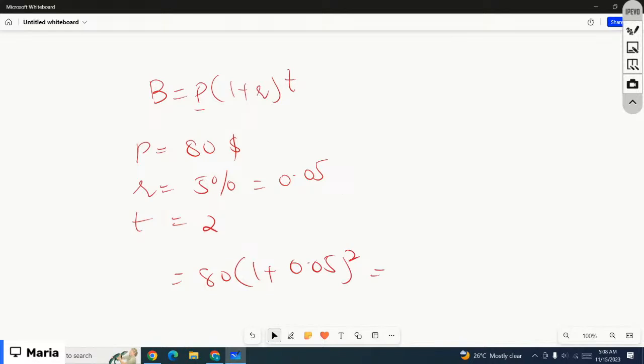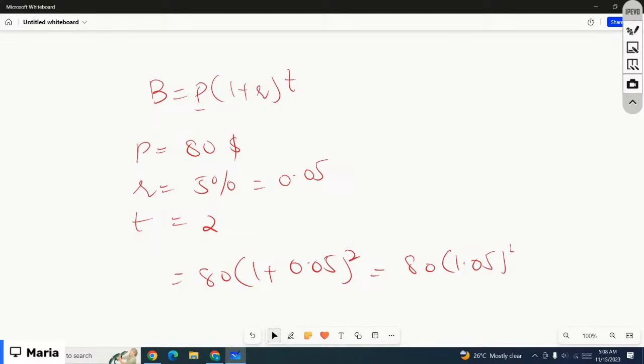So just evaluate, right? Just add 1. 1 plus 0.05 is 1.05. Evaluate the power 2. Just evaluate the exponent, multiply it twice, right?